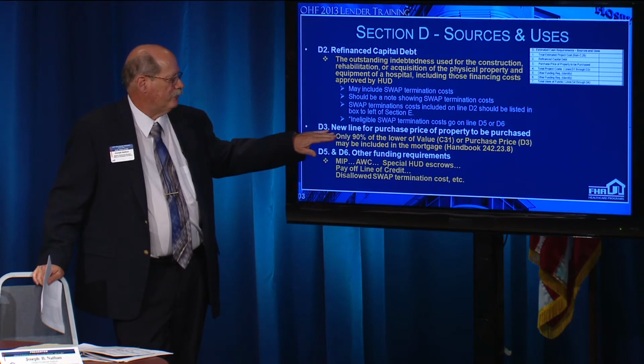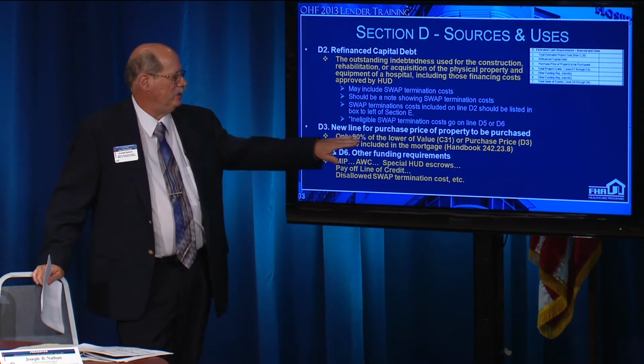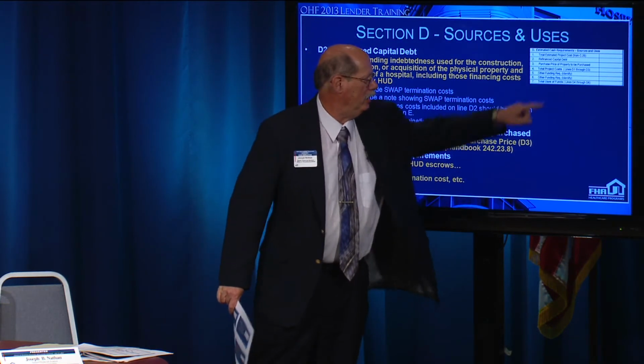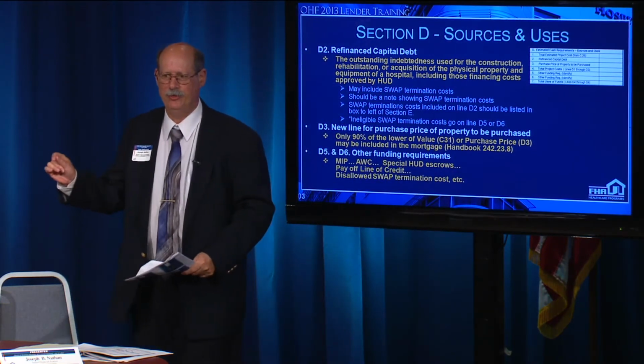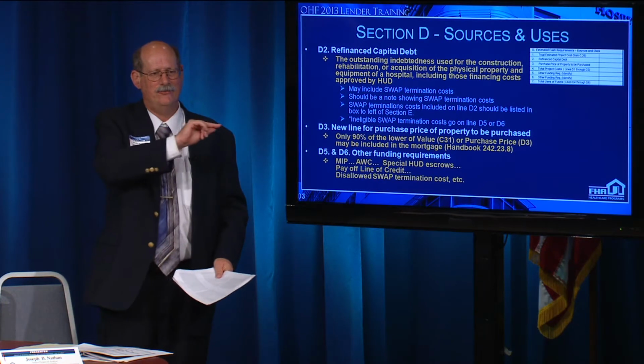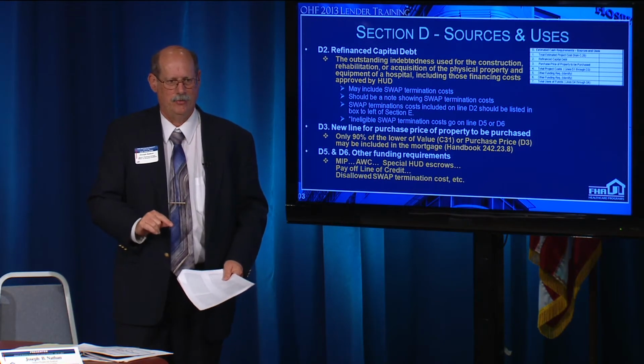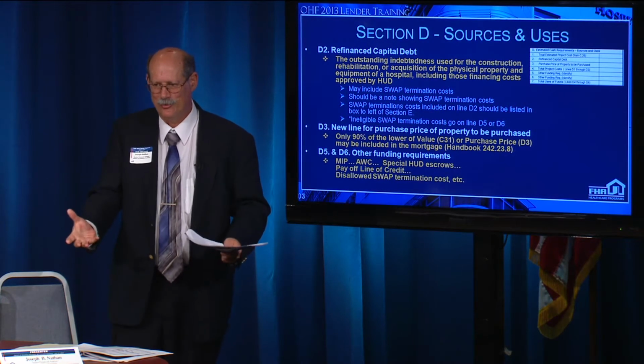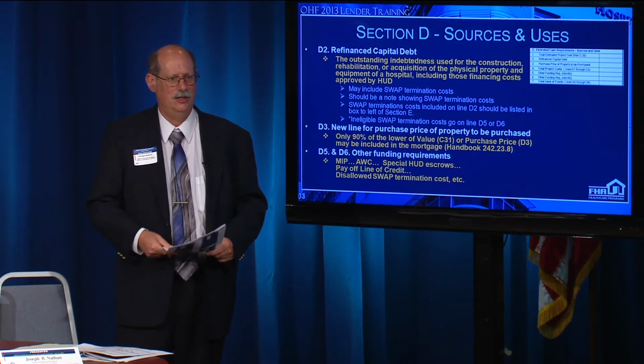There's a new line for purchase price of property to be purchased. So you'll see here we got on line D3, purchase price of property to be purchased. Up above, you put down the value of that property. Now you're putting down the actual purchase price of it in here.